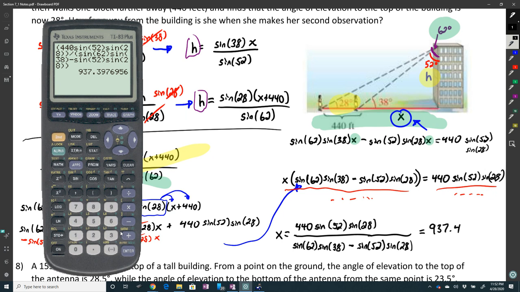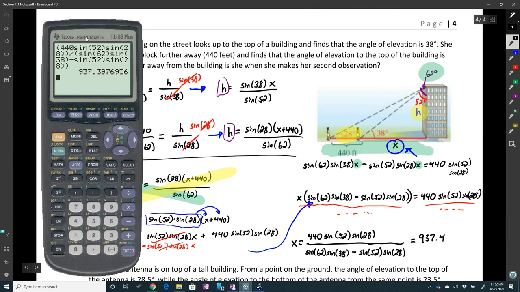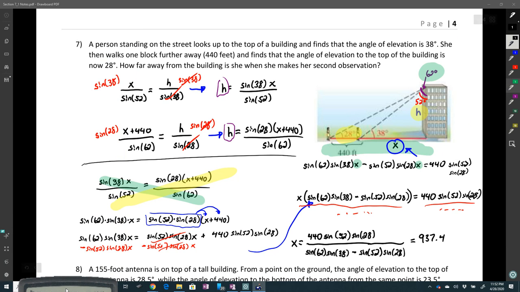Okay? And even then, you type it in, and you'd be incorrect. The reason is this isn't the final answer. This is in feet. The question asks, how far away from the building is she when she makes her second observation? So notice that we found x, but we need to add 440 to it.